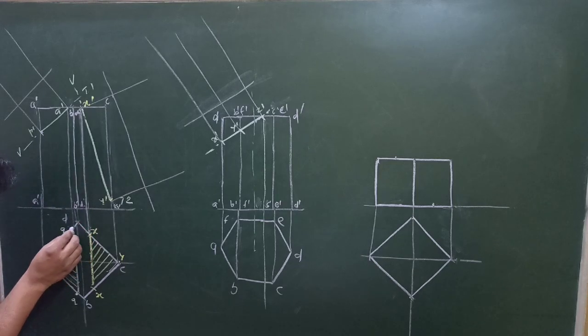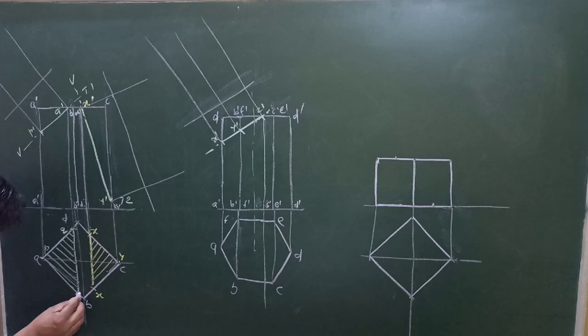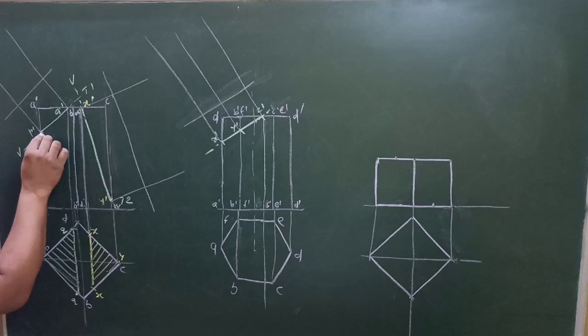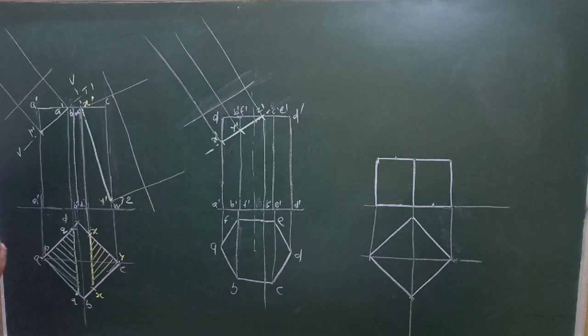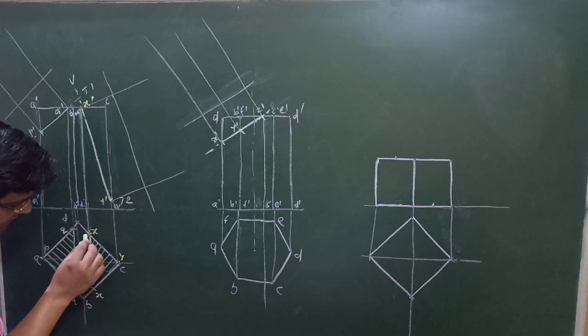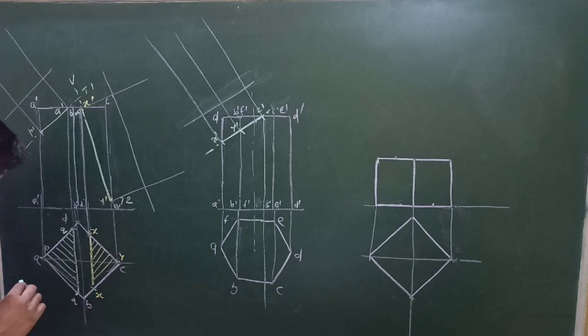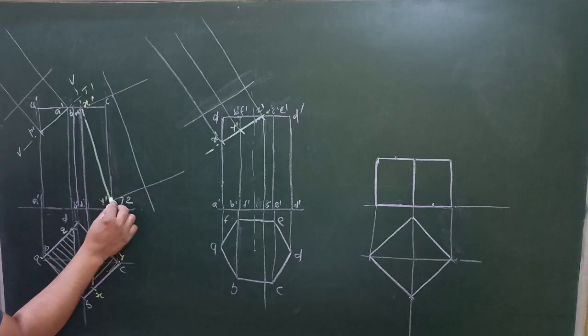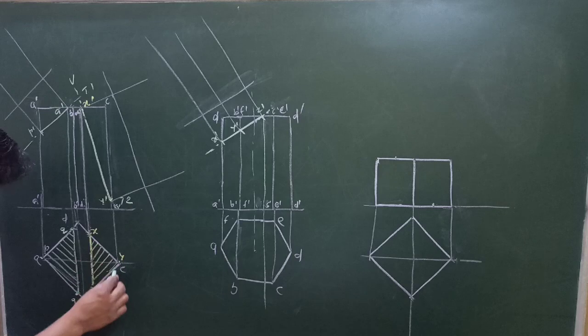First point this, second point this, and this point. So the area bounded by these 3 points should be hatched, and similarly you can drop this point from here, X dash. So this will give you X and Y here, and Y dash on this point. So this area will be hatched.